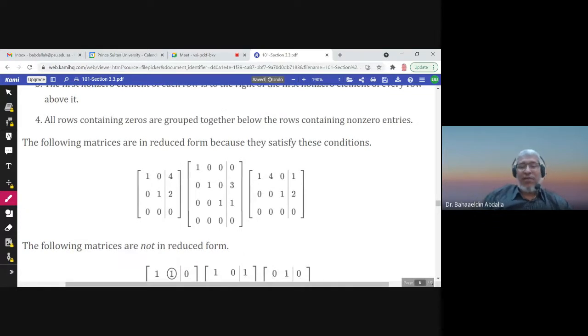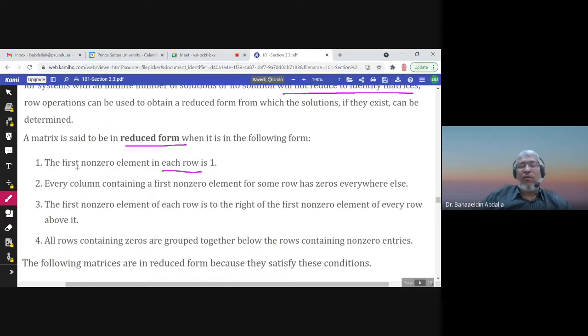For example, here, in the first row, this is the first non-zero element, it is 1. In the second row, this is the first non-zero element, it is 1. In the third row, all elements are zeros, so the first condition is satisfied.